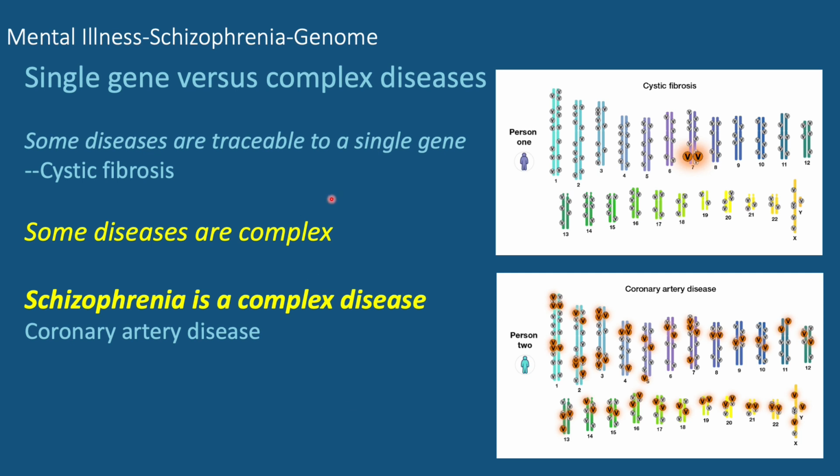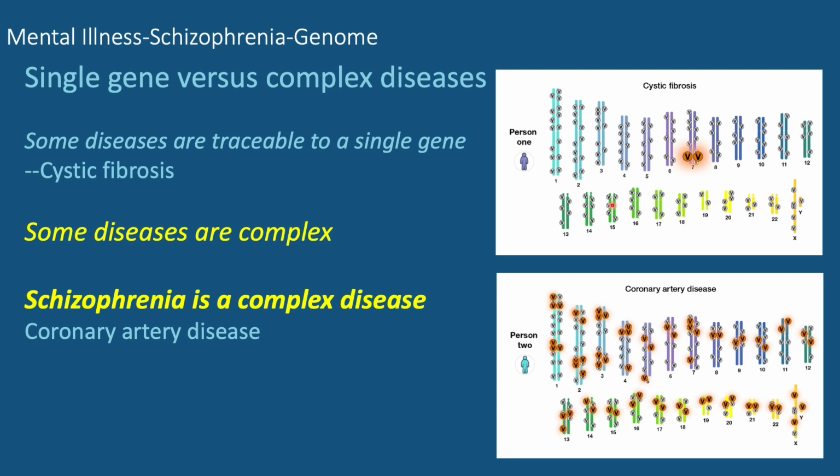In general, when we talk about diseases, we can distinguish them in single gene versus complex diseases. When a disease is traceable to a single gene, it is called single gene. It's a type of a simple disease. For example, you see here in the cartoon at the top right that this person has a problem in one chromosome.